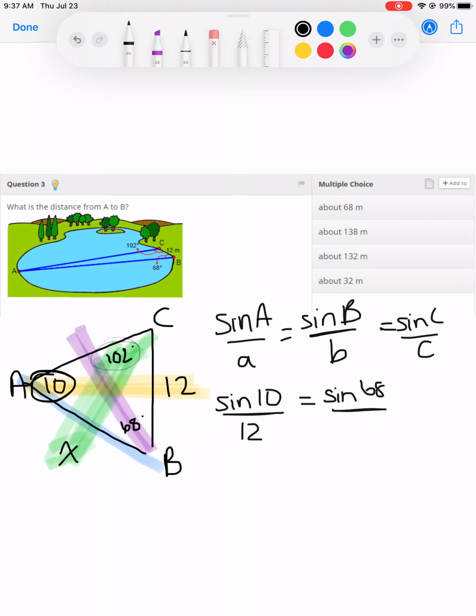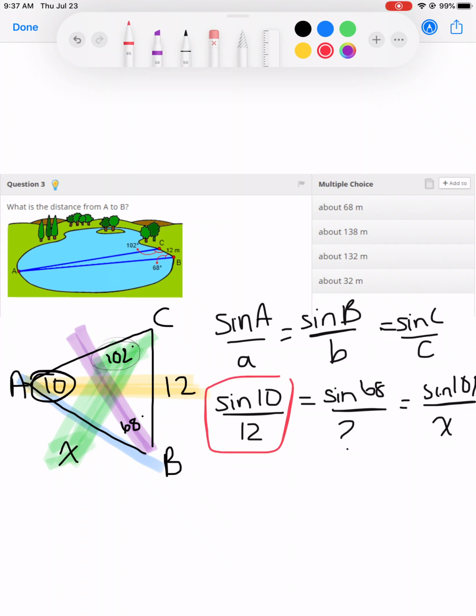Sine 68 over nothing, which we don't have, so I'm going to do a question mark. Then we have sine 102 over x. Obviously, this is our most important thing to solve for, so I have to use that equation.